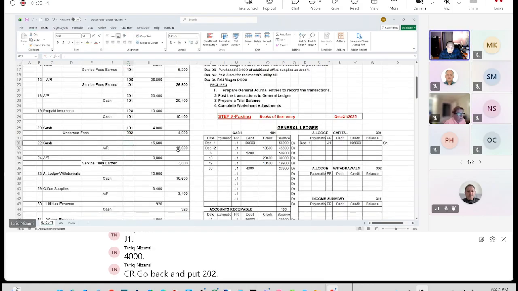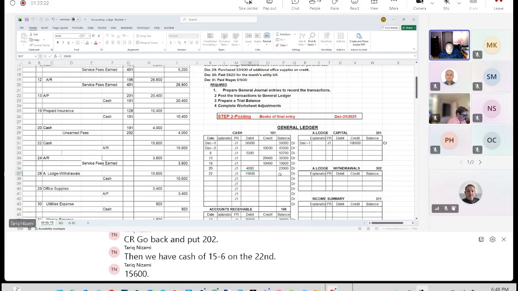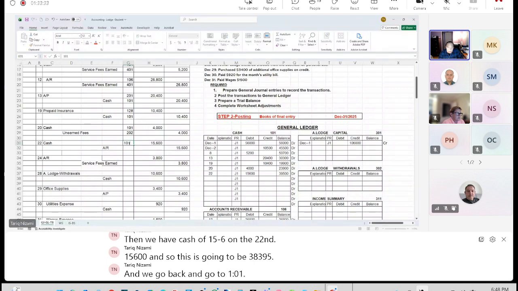Then we have cash of 15,600 on the 22nd, 15,600, and so this is going to be 39,500. And we go back and put 101.